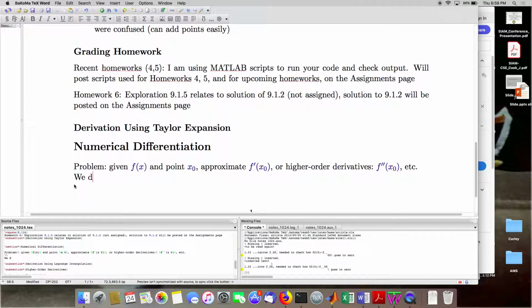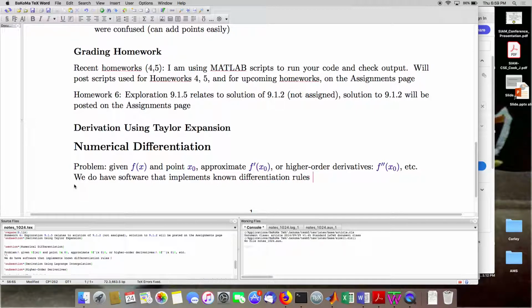We do have software that implements known differentiation rules, like Maple, Mathematica, and also the symbolic toolbox in MATLAB, which really is an interface to Maple, so it's the same thing.